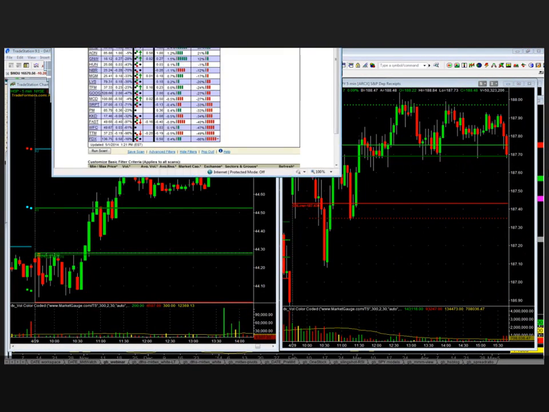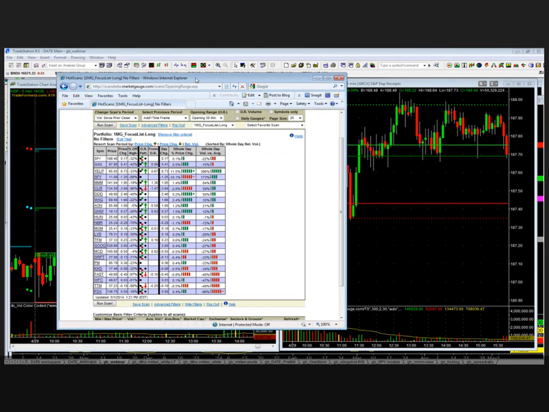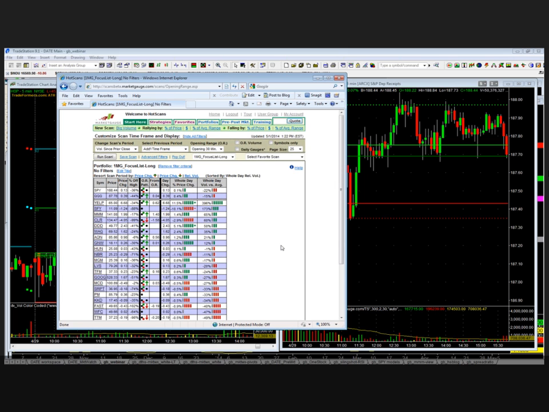Let's just say you want to use hot scans. And let's just say, to keep it easy, just like my example of IYR, which now I should be kicking myself over, but I wasn't really expecting to find it. Let's say you've got a list of stocks that you're focusing on the long side. In this case, I'm taking the focus list portfolio, and let's remove the filter criteria so that I should have pretty much all of them.